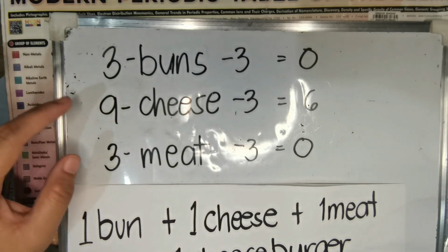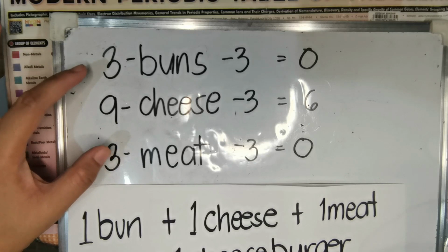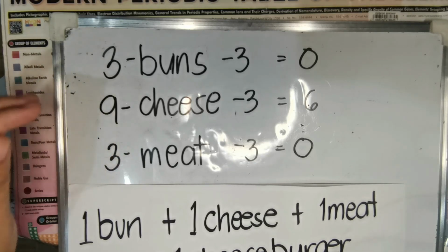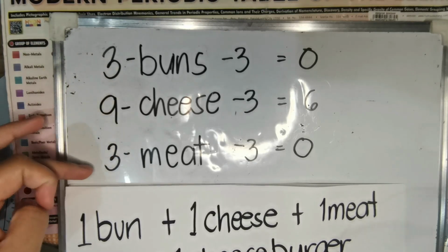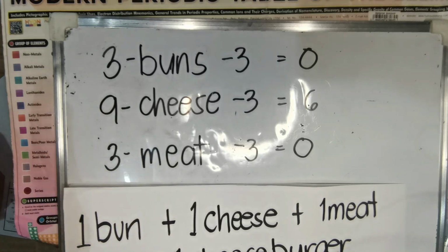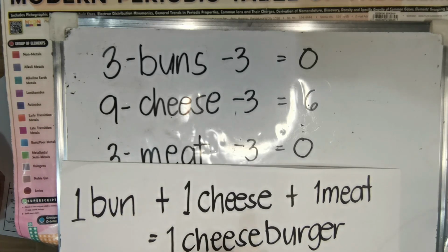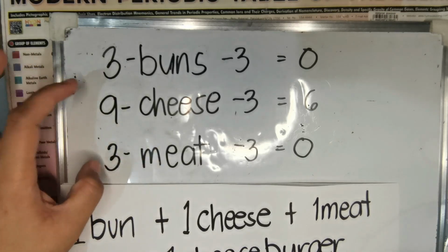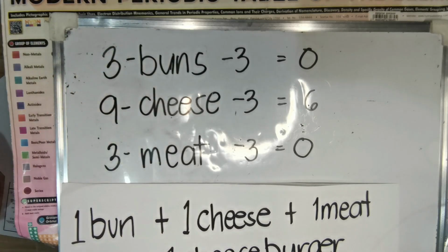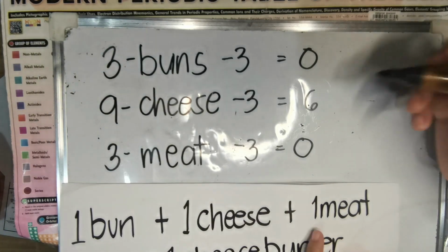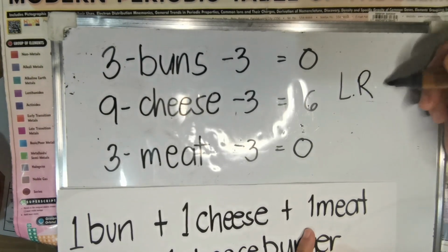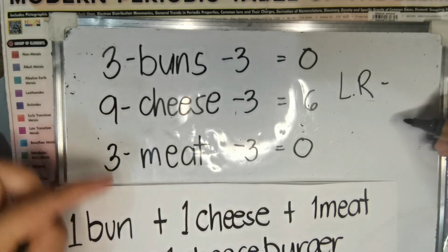Like this one, dahil wala ng buns at wala ng meat, hindi na tayo makapag-produce pa ng cheeseburger. Kasi ang kailangan sa isang cheeseburger, isang bun, isang cheese, isang meat. So dahil naubos na yung meat at buns, these two serve as the limiting reactant or the LR. We call it limiting reactant, si buns, tsaka si meat.